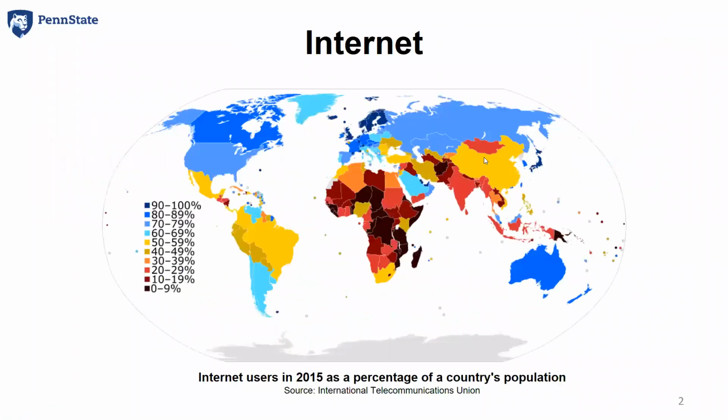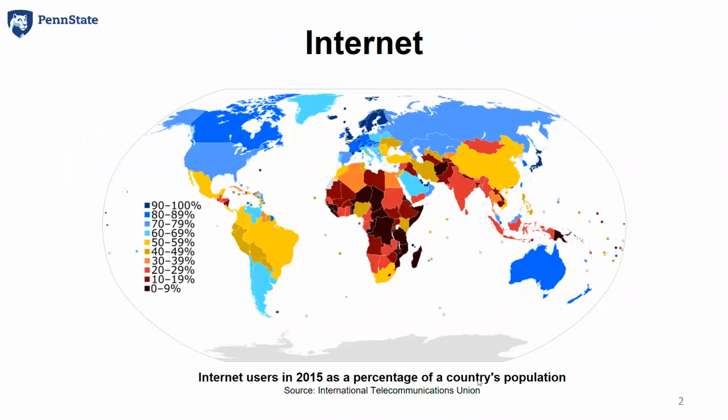So let's first have a look at the Internet. As everybody knows, the Internet is widely used in the world. As we can see from this figure, Internet users in 2015 as a percentage of the country's population. In the United States, 70 to 79% of the people are using the Internet.